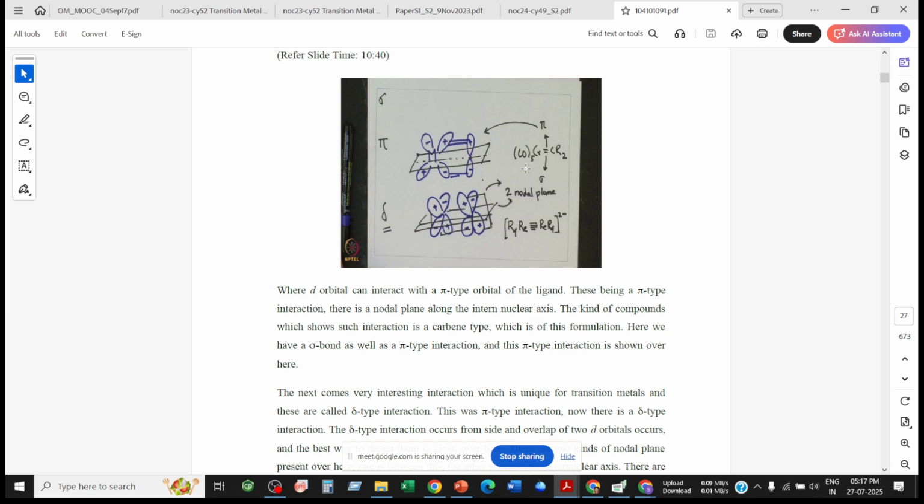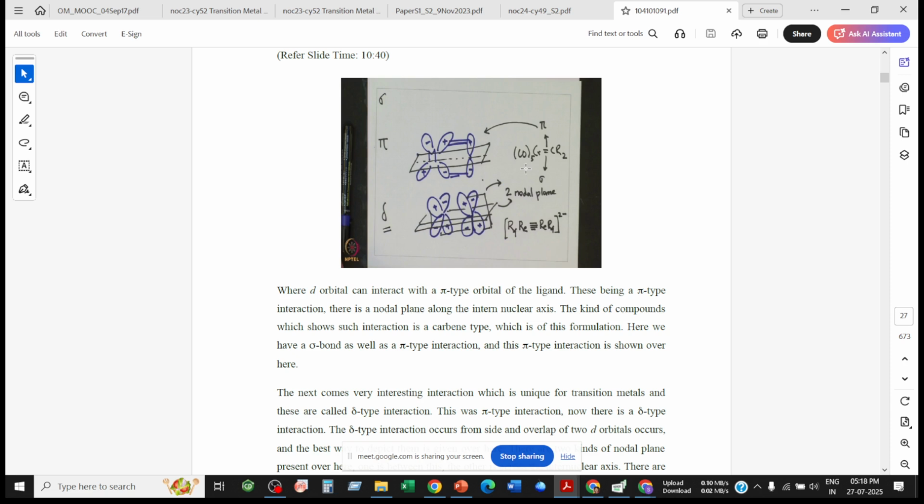What is the condition? Everything will change if you change the axis. So when we are saying this, we have to say that the z axis is the internuclear axis. So we are considering that the sigma bond formation occurs along the z axis. If you say that sigma bond formation occurs along the x axis or y axis, then all the configuration will be different.